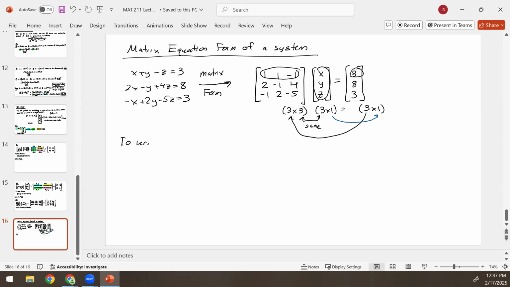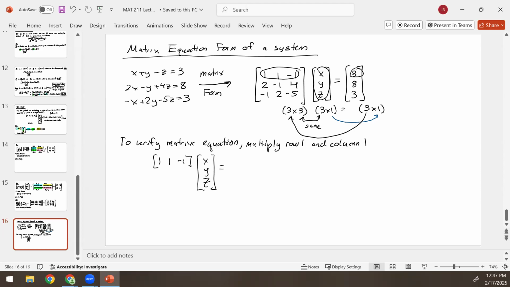To verify a matrix equation, multiply row 1 and column 1. 1, 1, -1 times X, Y, Z is equal to 1 times X plus 1 times Y plus -1 times Z.